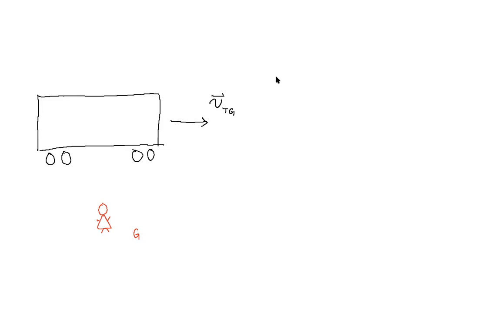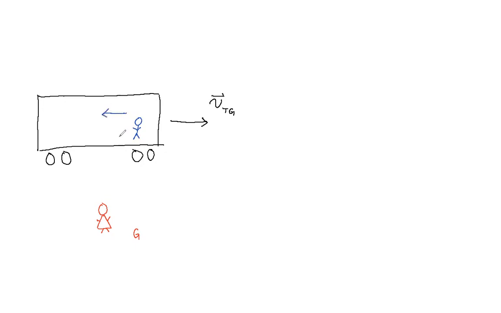Now let's imagine somebody else who's aboard the train. So here's a person who's aboard the train, and they're actually walking toward the back of the car.